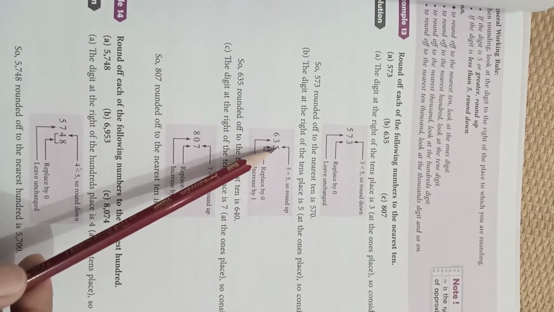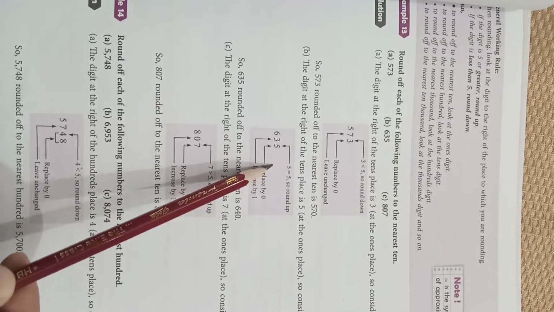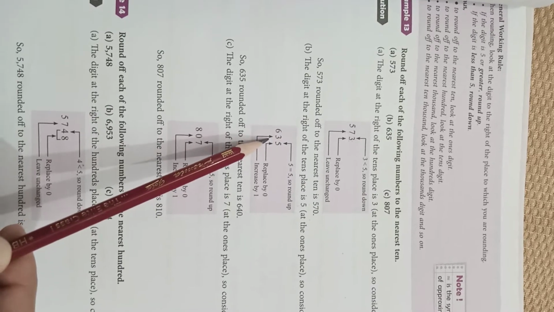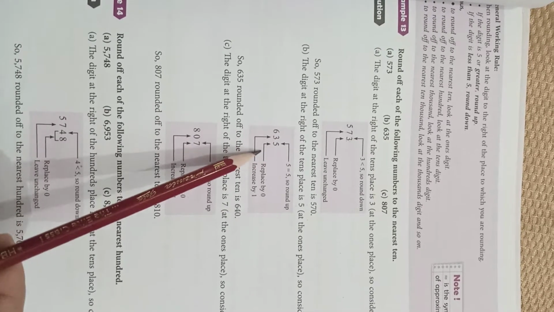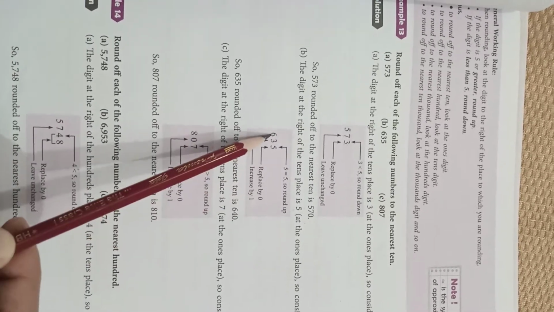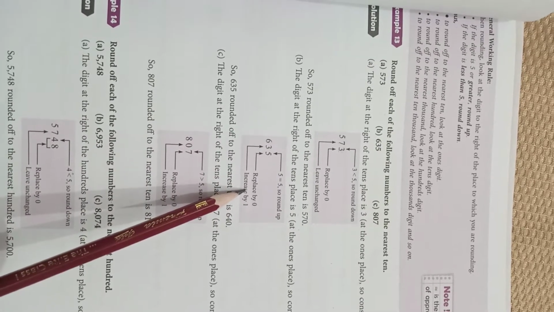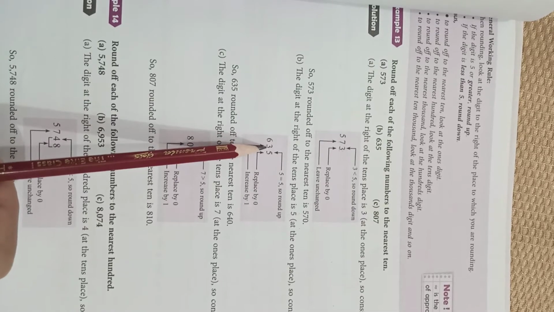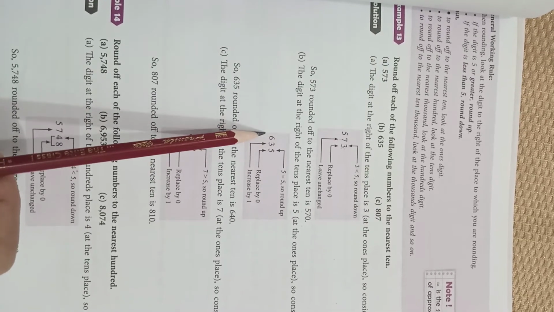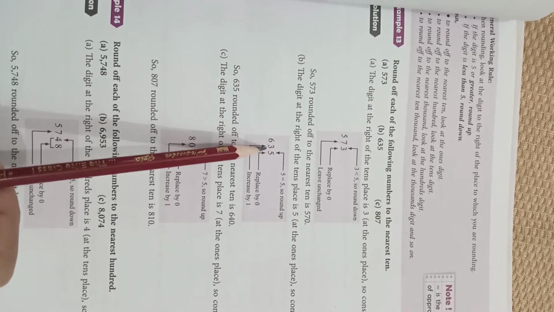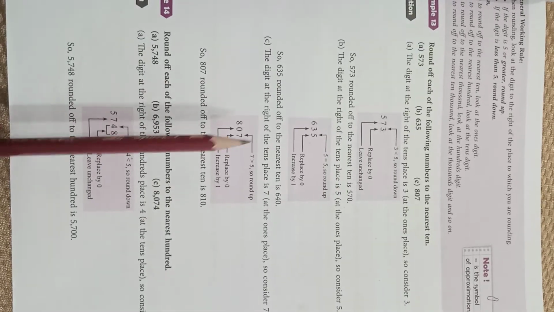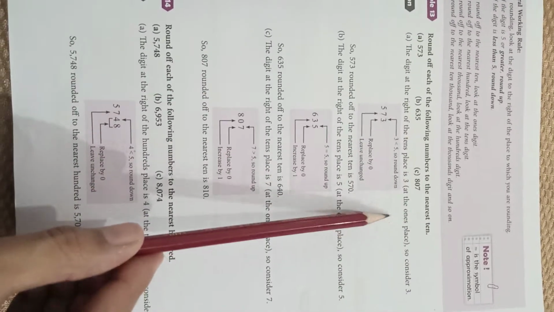How do we round up? The ones digit is replaced by 0 and the tens digit is increased by 1. So 3 increased by 1 becomes 4, and the ones digit becomes 0. The rounded number is 640. In the same way, the next one is 807.